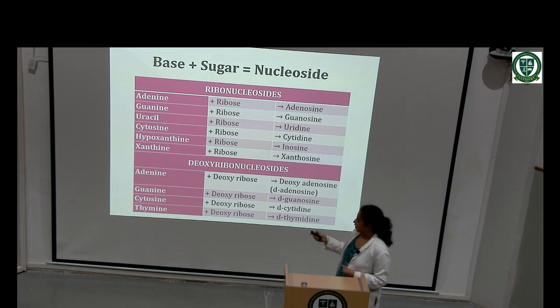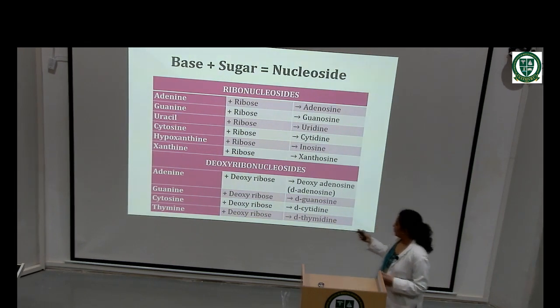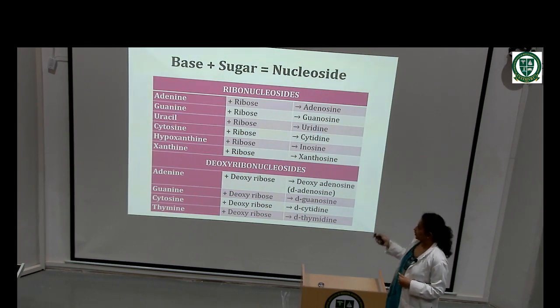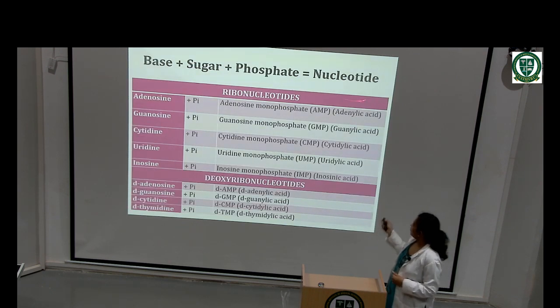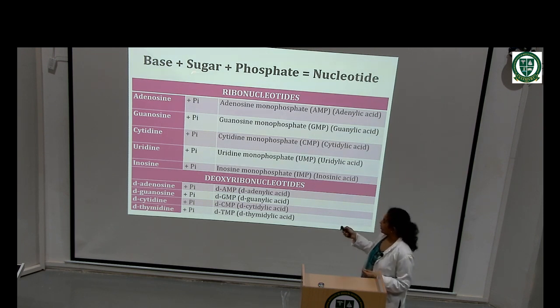So accordingly, if the base is adenine, we call that nucleoside adenosine. Similarly, guanosine, uridine, cytidine, inosine, and xanthosine. Okay. So how do we get a nucleotide? By adding a phosphate group to the already existing nucleoside, which is nothing but a combination of a nitrogenous base and a sugar.